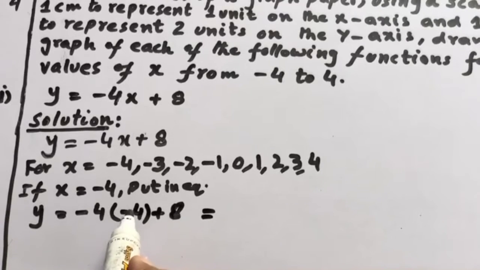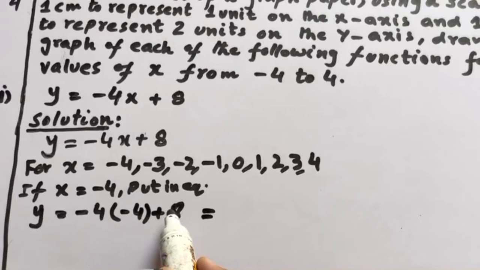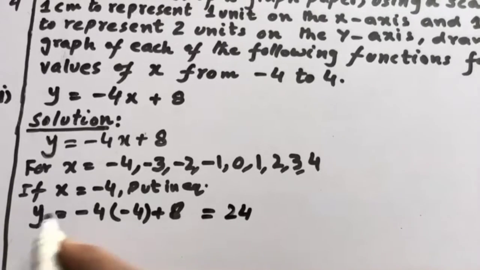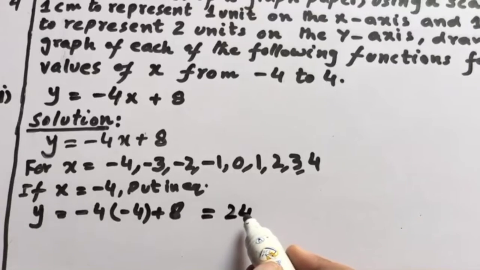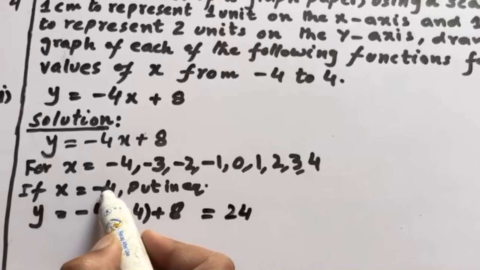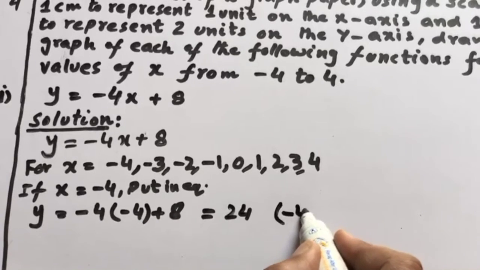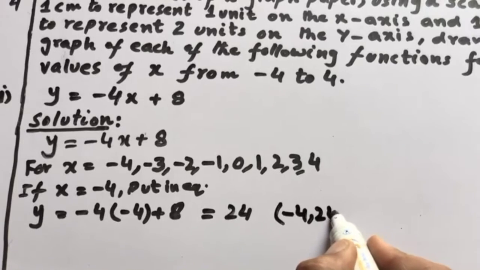So +16 and +8 becomes 24. So here we have the value of y, which is 24, and the value of x is -4. So the first point is -4 and 24.